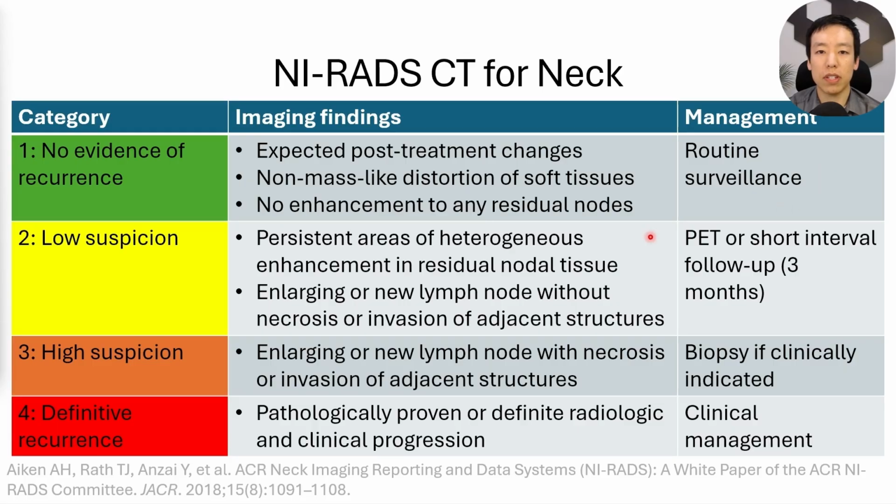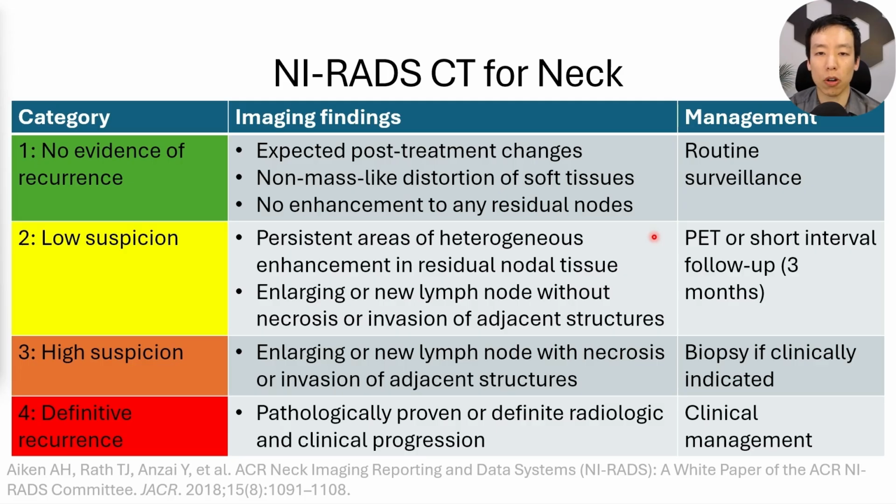NI-RADS 2 of the neck on CT consists of persistent areas of heterogeneous enhancement in residual nodal tissue, that is, tissue that was abnormal on the baseline imaging and persisted to be abnormal on the follow-up surveillance imaging with heterogeneous enhancement.